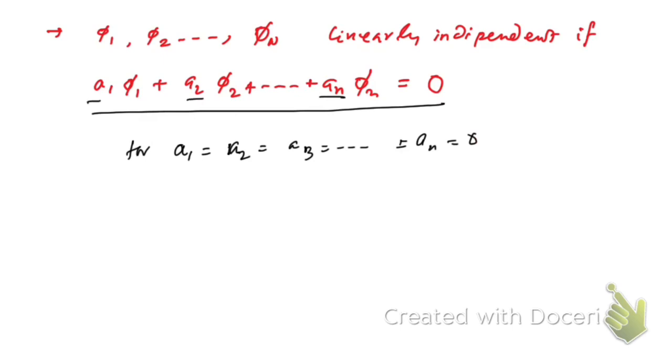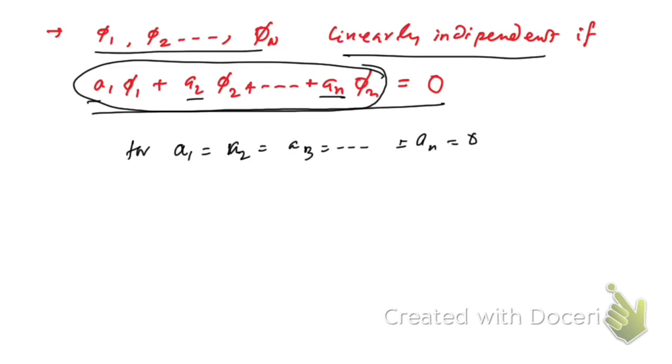Only in this case, if this sum of the products of scalars and the vectors becomes 0, then we say these vectors are linearly independent.